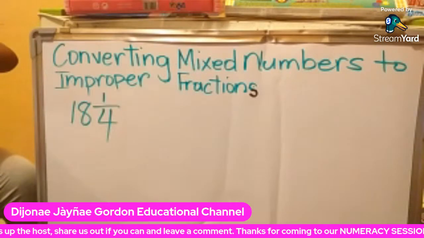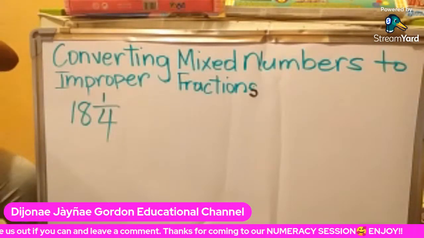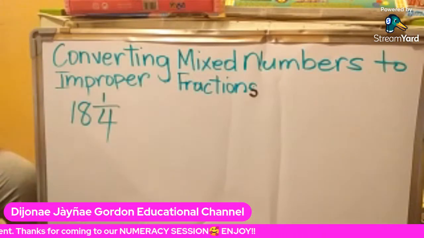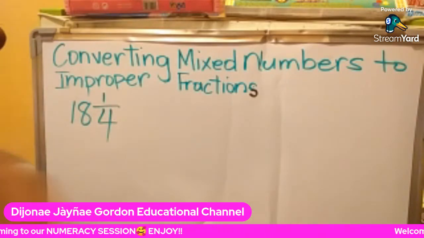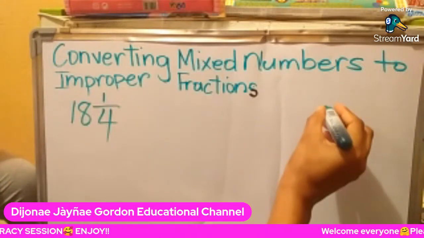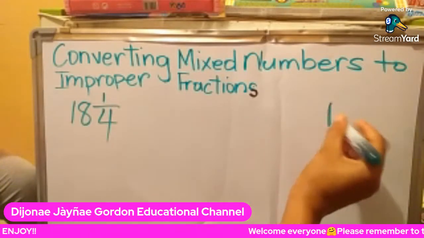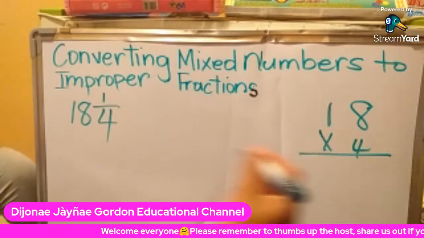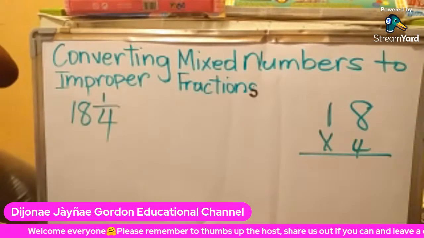Let me see. So how do we work this one? This one may look a bit hard. So what we do in this case, you can simply set it out. Look at me now. You write 18 and multiply by 4. I'm teaching you how to do it a very simple way.